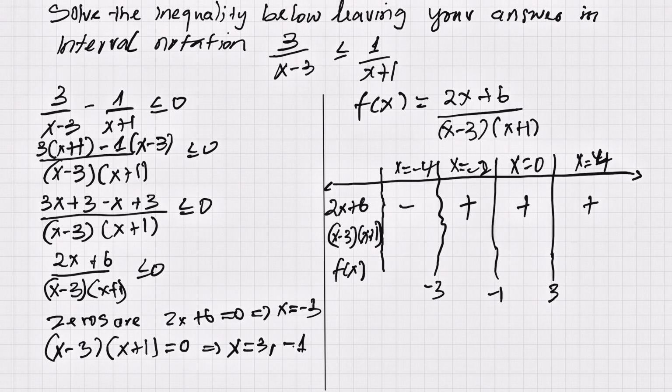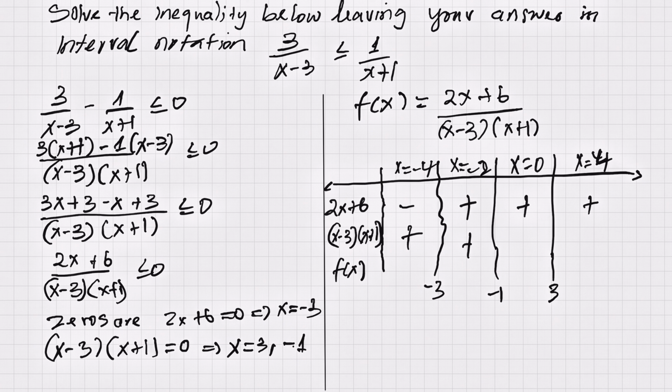So what if we put negative 4 into x minus 3, x plus 1? Both are negative, and negative times negative is positive. If we put negative 2 here, we are going to have negative and positive, so negative.